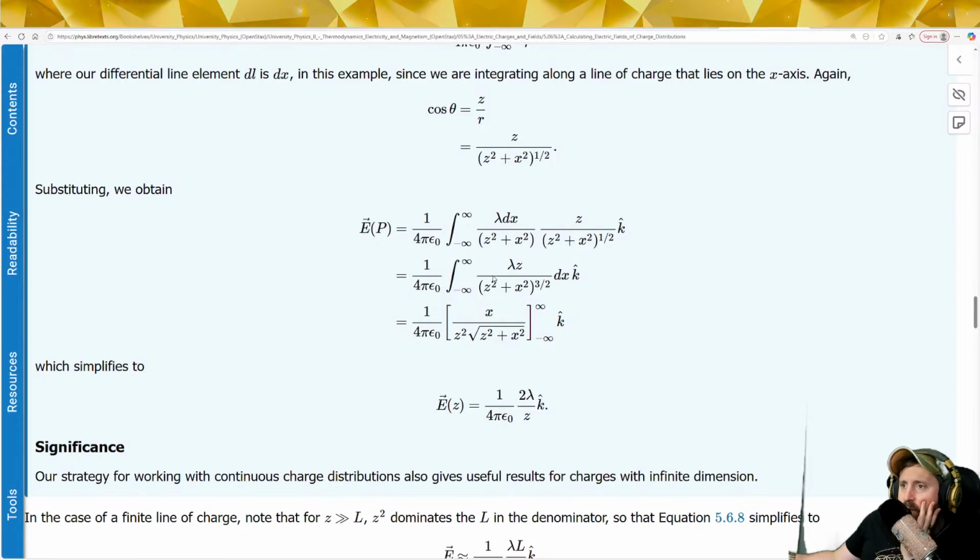I think they're wrong as well here now. What? I don't think this simplifies to this. Whoa, is physics LibreText wrong? Let's check this. I don't think this is correct.